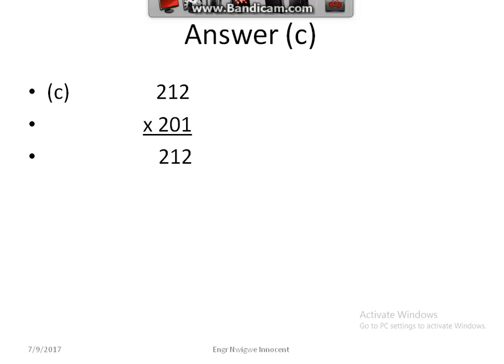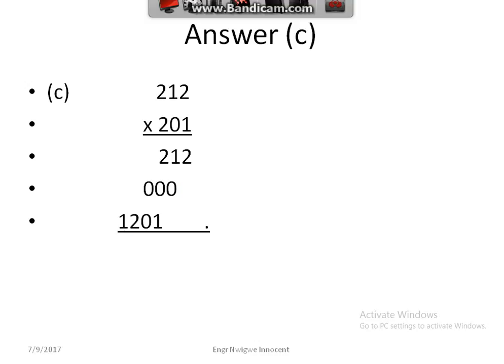Then from where the 0 is, we start from 0. 0 times 2 is 0, 0 times 1 is 0, 0 times 2 is 0. Then we start multiplying by 2. 2 times 2 is 4.